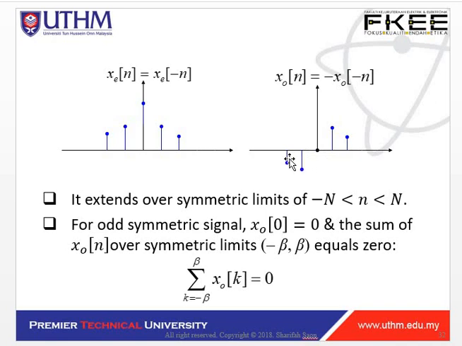First is the y-axis and second is the x-axis. The equation is equivalent to negative x odd[-n]. First you get x[-n] here, and then you get the negative of it on this side, so it is odd. This is the so-called odd signal.